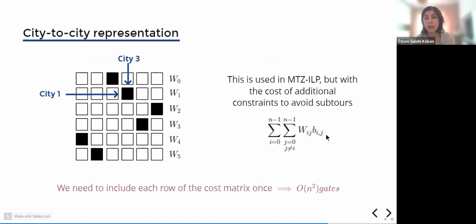And in this case, it is enough to incorporate the cost matrix n squared times, resulting in n squared gates. Because then if you check this picture, this is saying after city 1, city 3 will be visited. And then for each city, you can check the remaining n cities if it is visited or not. And this results in n squared gates.